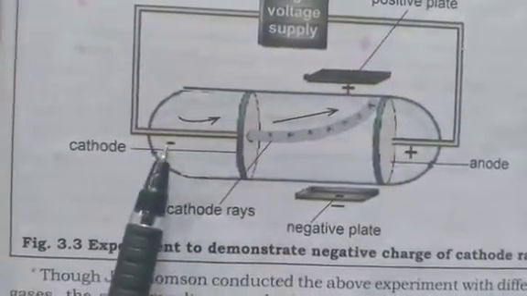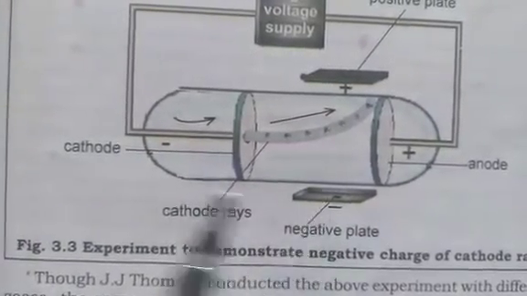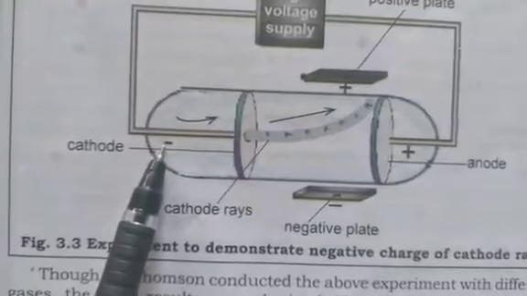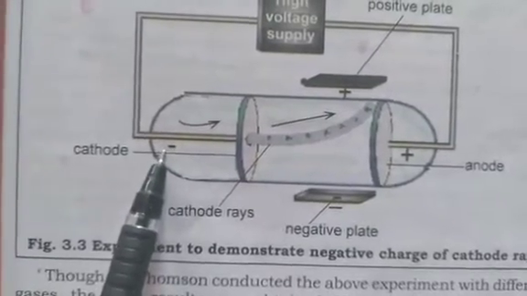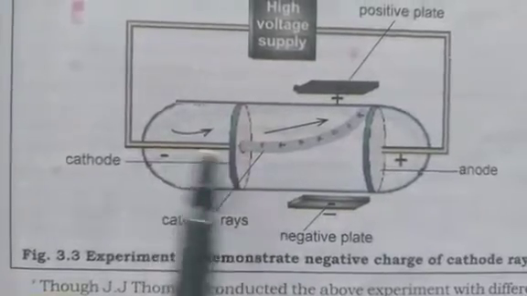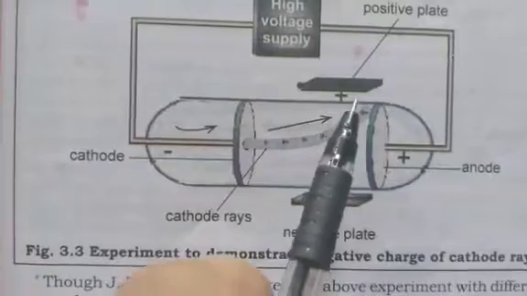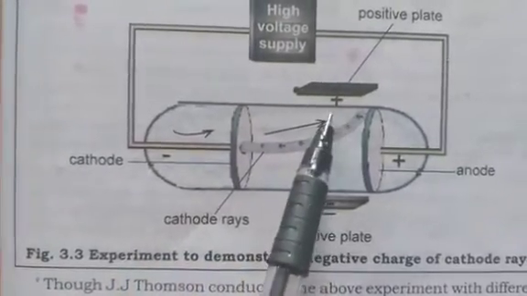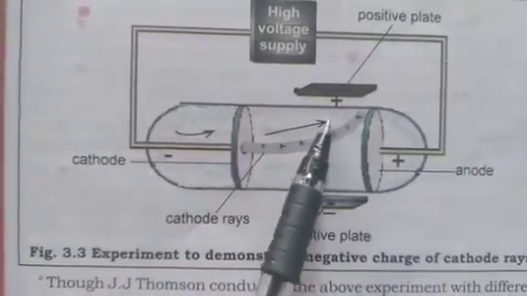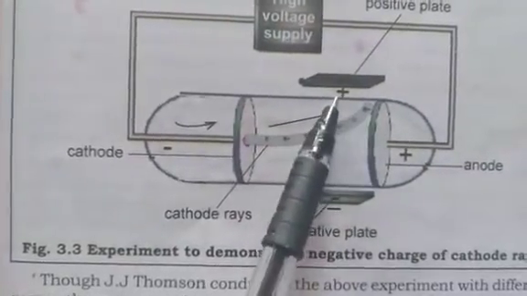If they had moved towards the negative plate, that would have meant a positive charge, but you know that positive and negative attract each other, right? So these negative cathode rays move towards the anode plate. Then he concluded that these cathode rays are negatively charged.